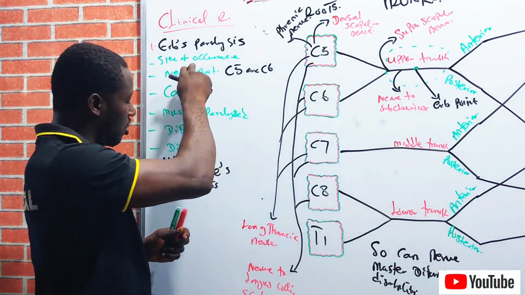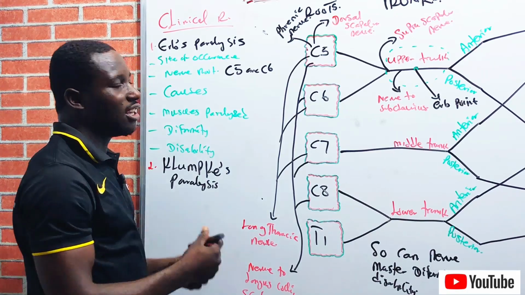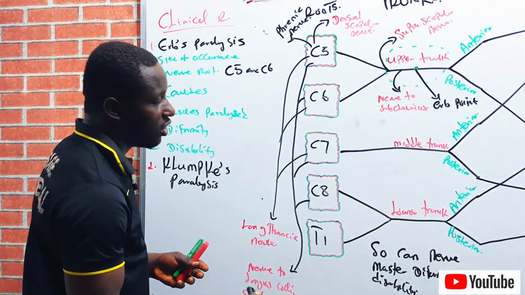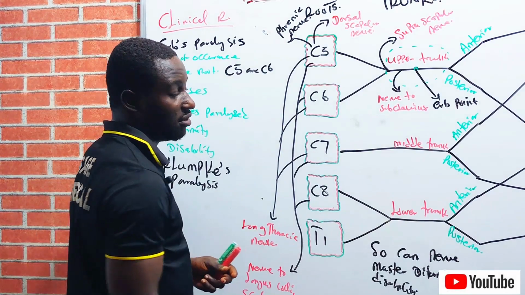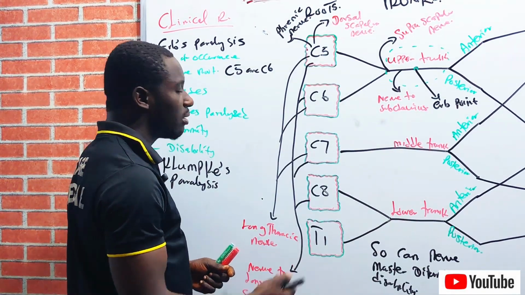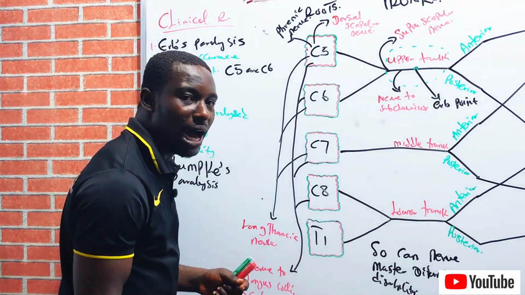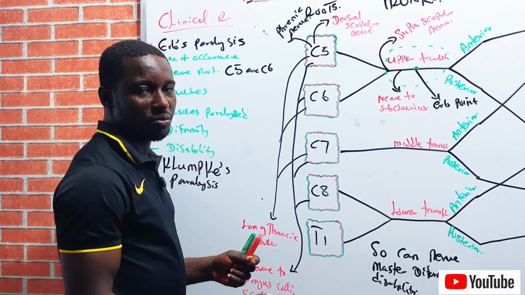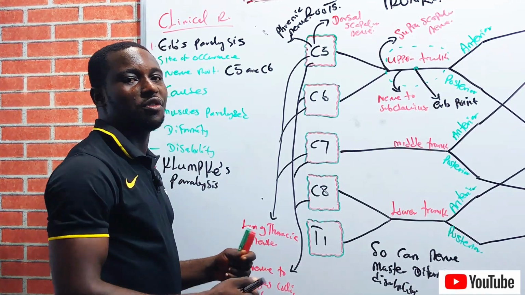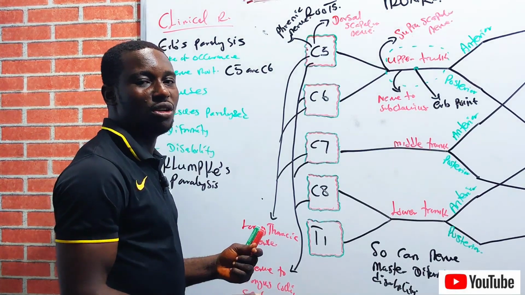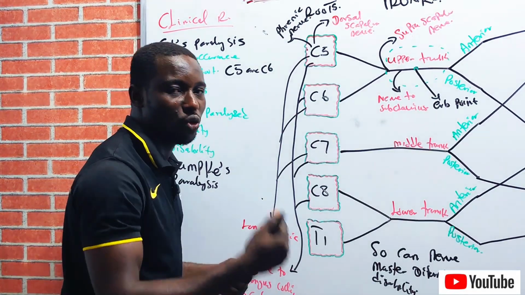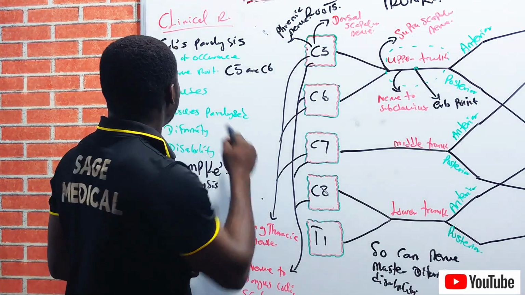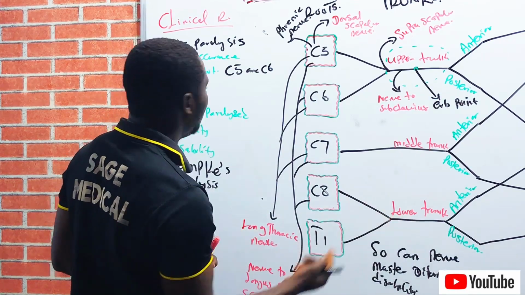First is the site of the occurrence. What is the site of the occurrence? It occurs at the lower trunk of the brachial plexus. Klumpke's paralysis can be called the lower brachial plexus injury, which occurs as a result of the increase in the angle between the trunk and the shoulder. So the site of the occurrence is the lower trunk of the brachial plexus.